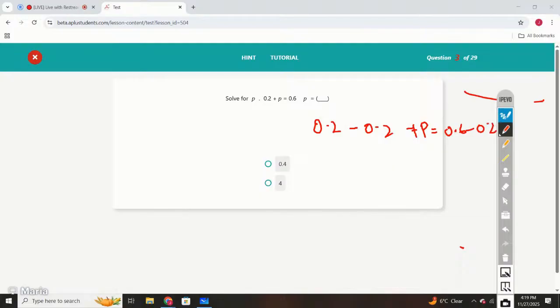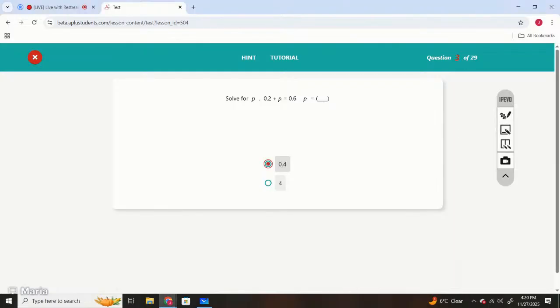So which is the correct option? Very good. That is 0.4. Option number 1 is the correct option. 0.4 it is.